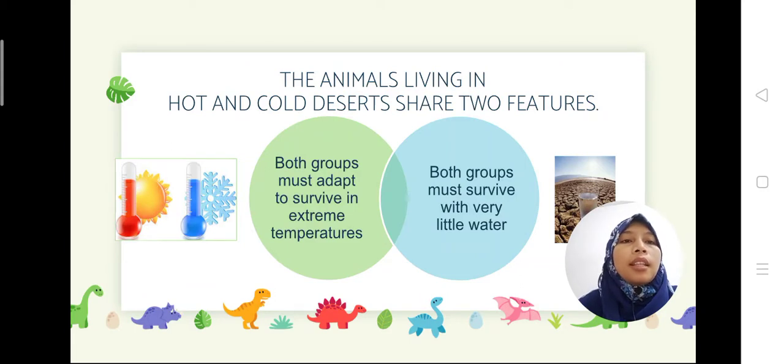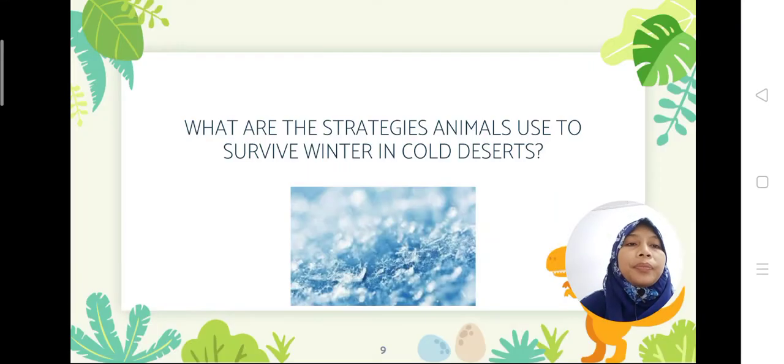The animals living in hot and cold deserts have two features. Both groups must adapt to survive in extreme temperature, and both groups must survive with very little water because of the scarcity of water in this area.